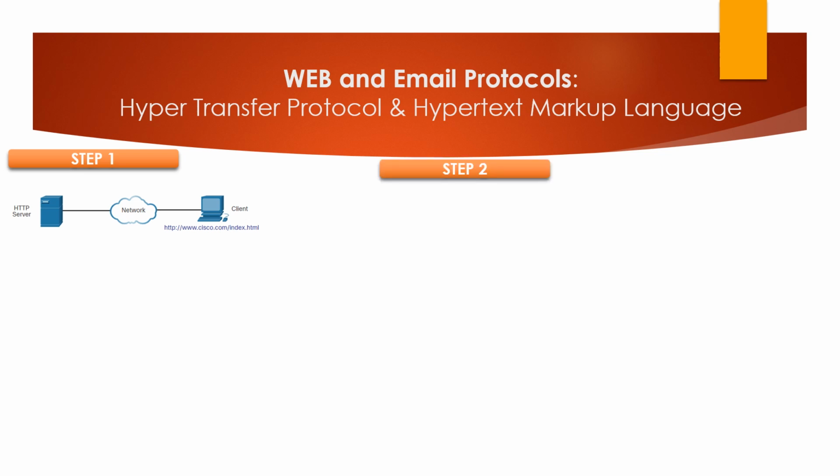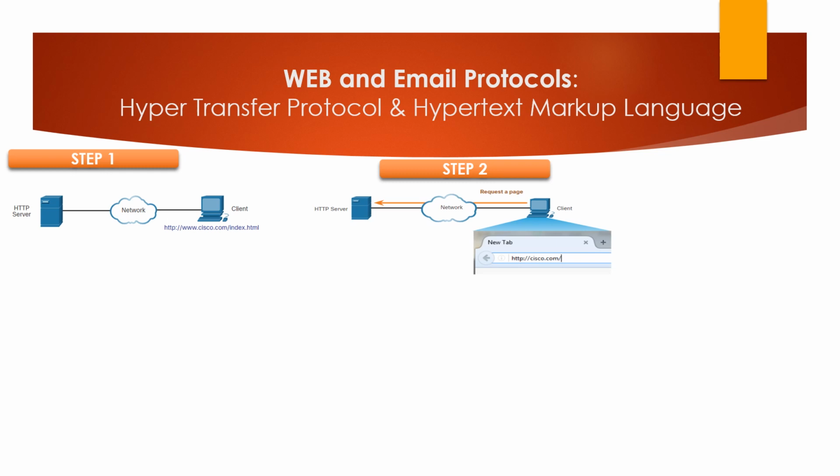At step 2, the browser then checks with a name server to convert www.cisco.com into a numeric IP address, which it uses to connect to the server.